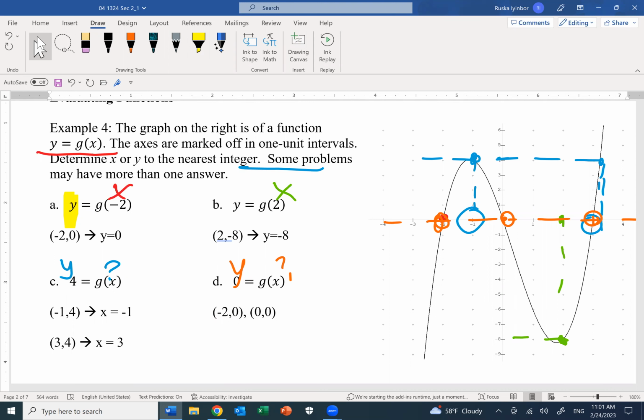And the third point is going to be (3, 0). From those points, what is x? We have 3 values. x is going to be equal to -2, 0, and 3. So that's how you find this; this is pretty much reading the graph.